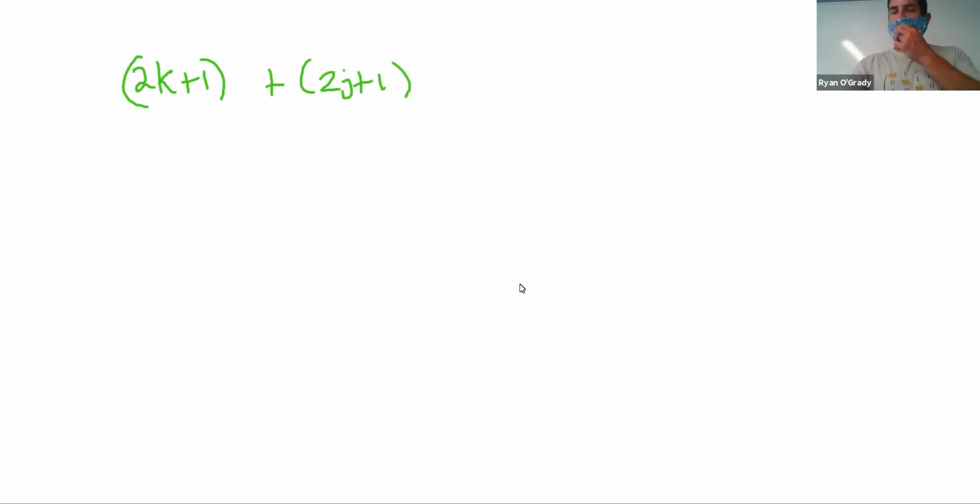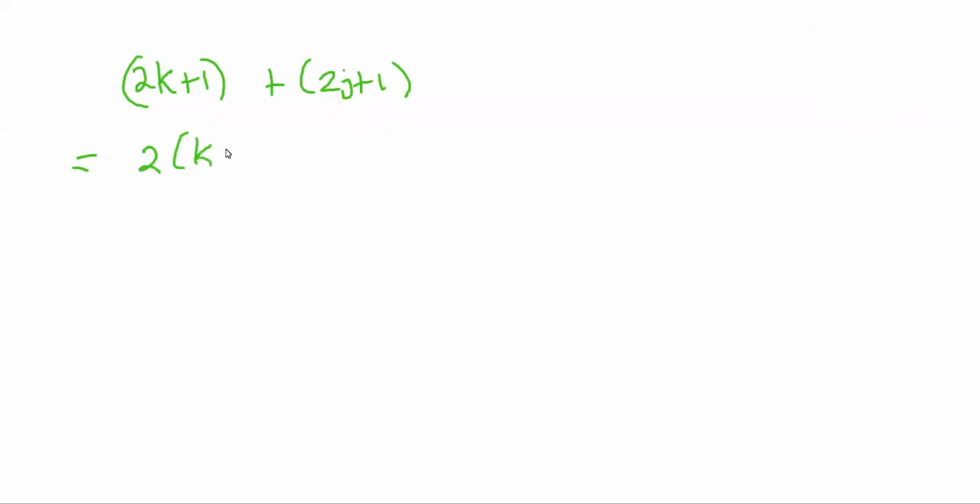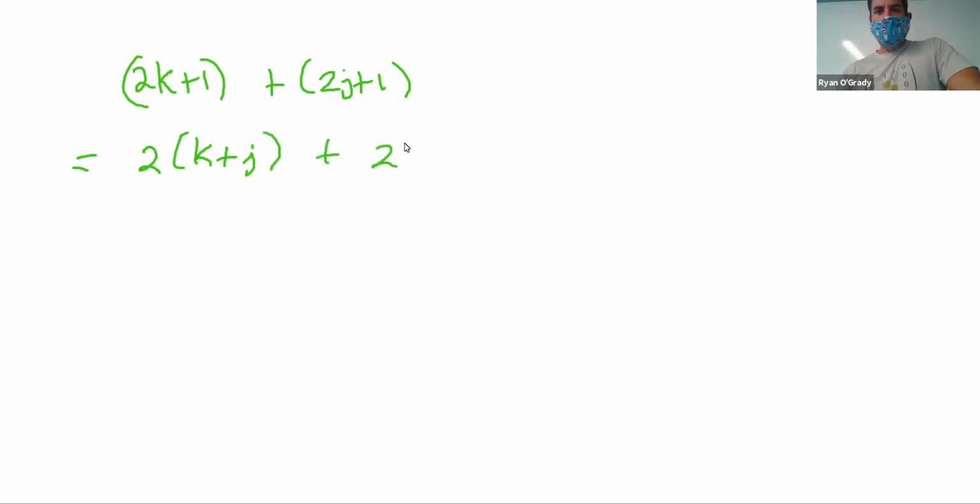Now, I don't need these parentheses, but I'm doing that just so you understand that this is the number n and this is the number m. And so when I combine like terms, I'm left with 2 times the quantity k plus j plus 2.